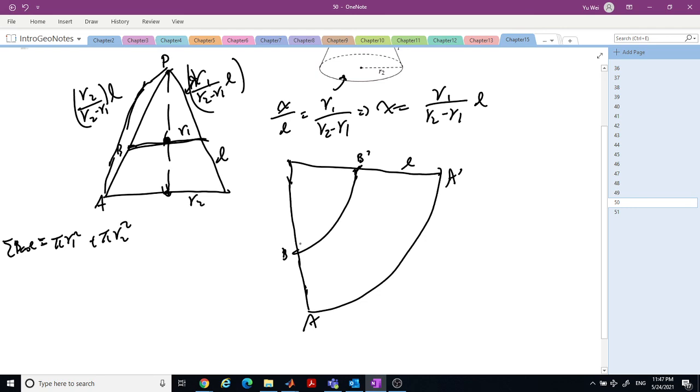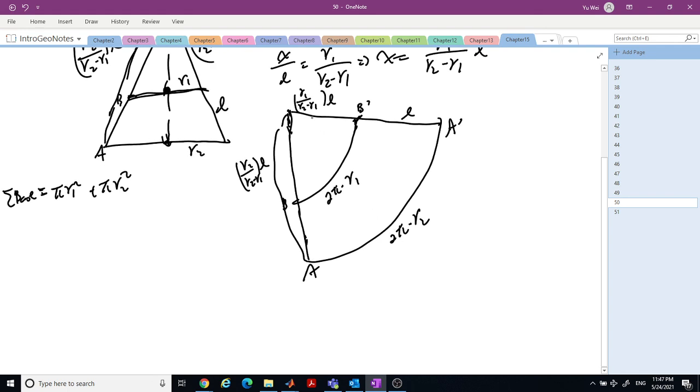Let's see the arc length. The radii are R1 over R2 minus R1 times L, and R2 over R2 minus R1 times L. The length of this arc is 2 pi times R1, and the length of this one is 2 pi times R2.